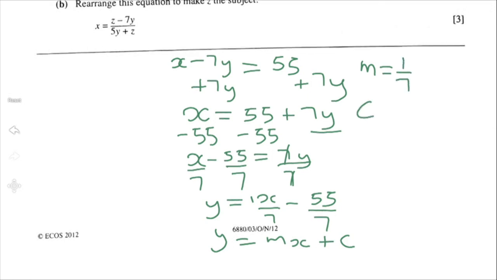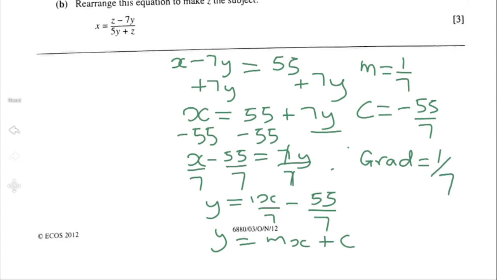And your c here, which is the y-intercept, is equal to negative 55 over 7. So therefore, the gradient of this line is that m there, which is 1 over 7.